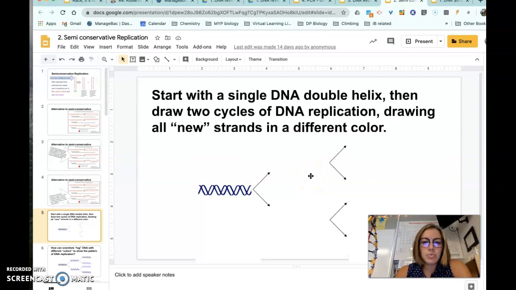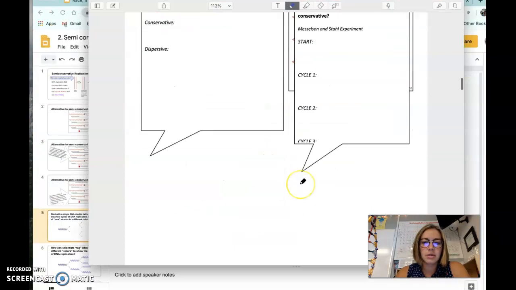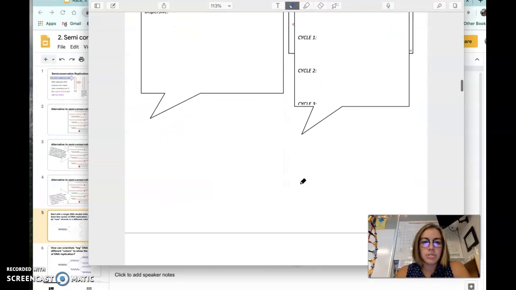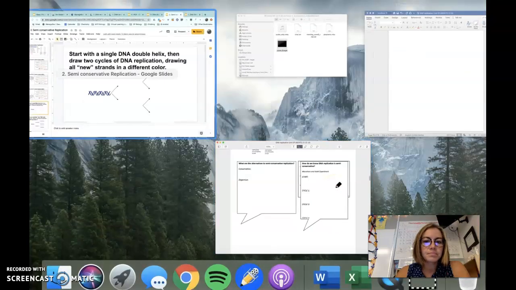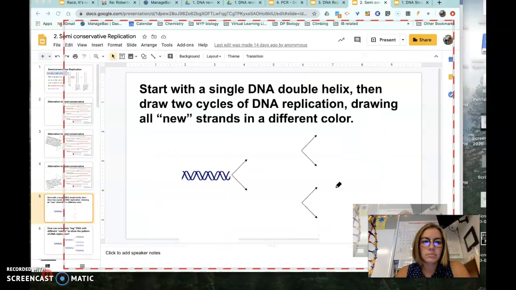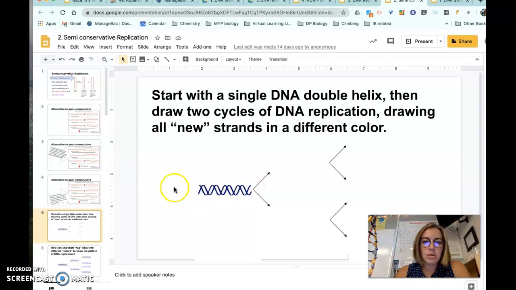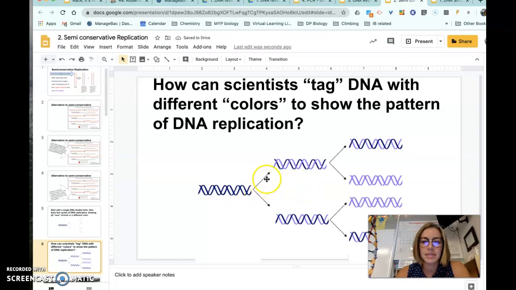And so when we're going through semi-conservative replication, we're going to start with a DNA double helix. So in your notes here, just write in this blank area. We're going to draw an original strand of DNA, and we're going to see that we get a new strand of DNA, represented by light purple here, into our daughter strands, but also the old original strand in dark blue.